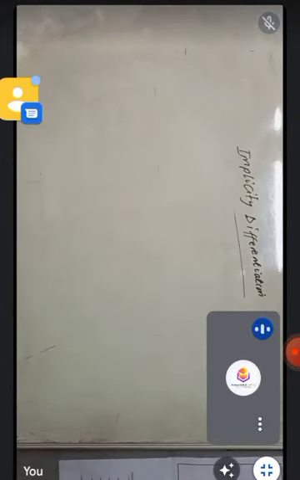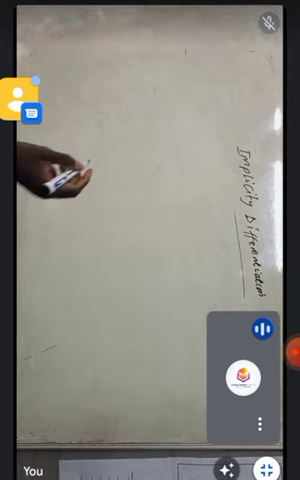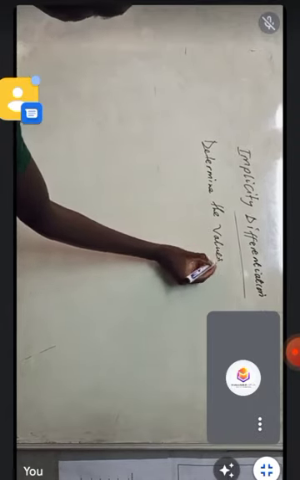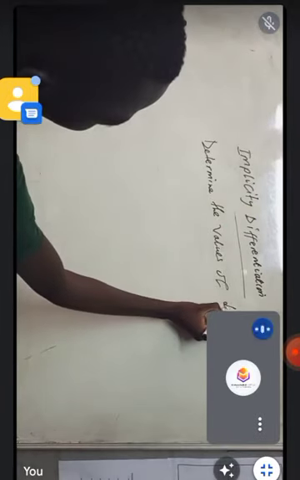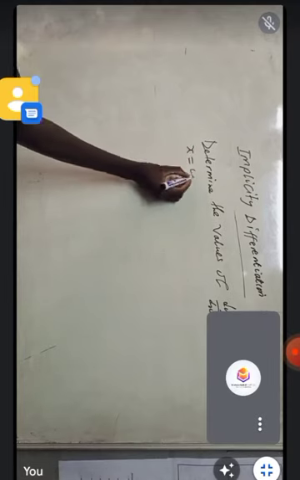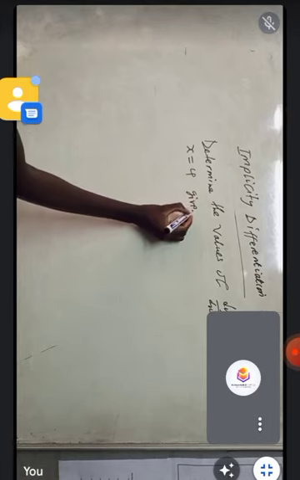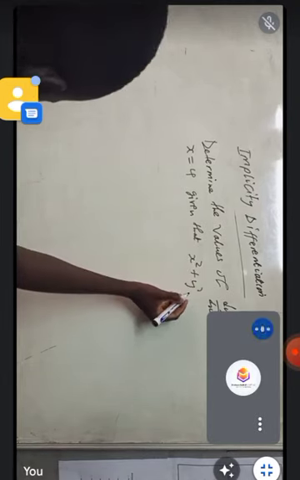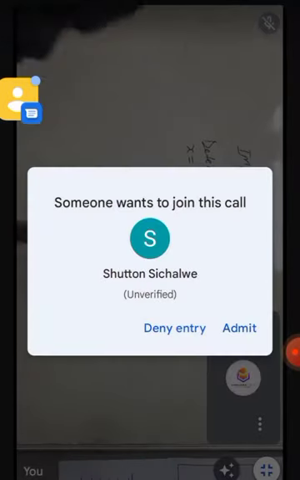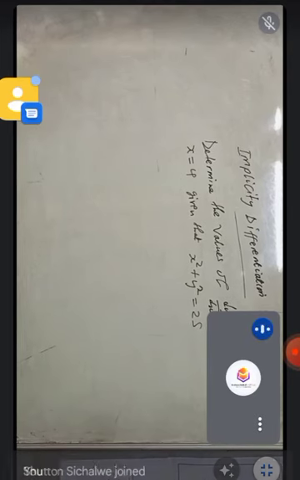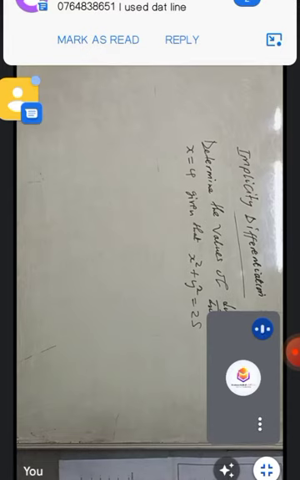So let's have the next question. The next question says, determine the values of dy/dx when x is equal to 4, given that x squared plus y squared is equal to 25.